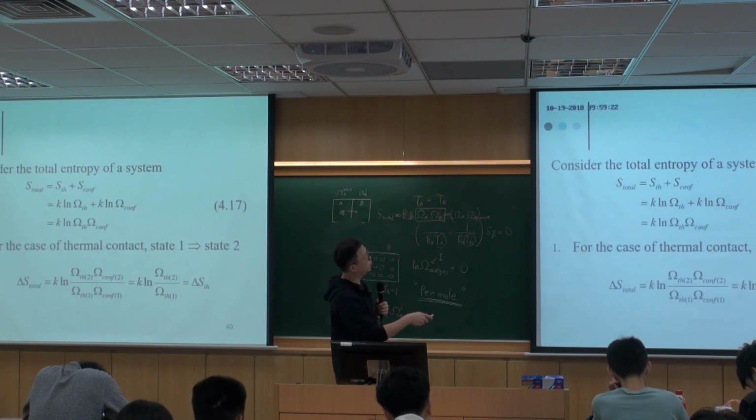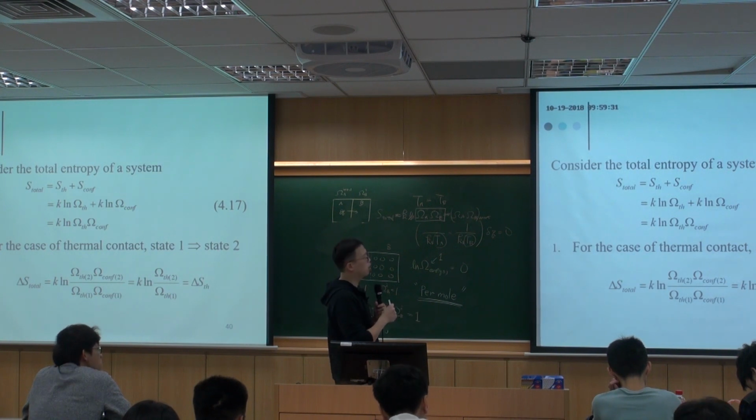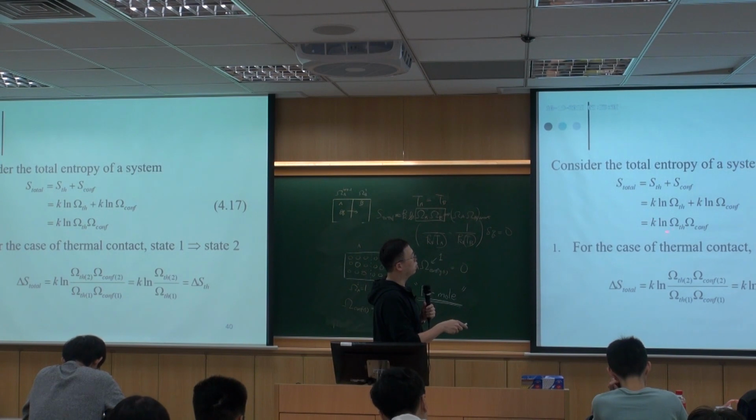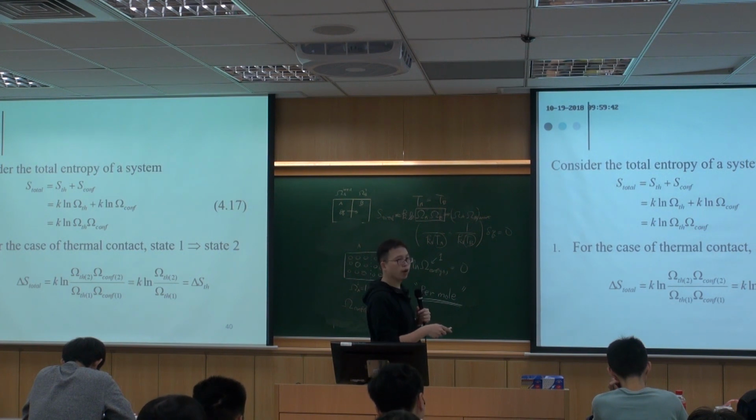So the total entropy of the system should be the thermal entropy plus the configurational entropy. Therefore, using Boltzmann's equation, it's k log of omega thermal times omega configuration.